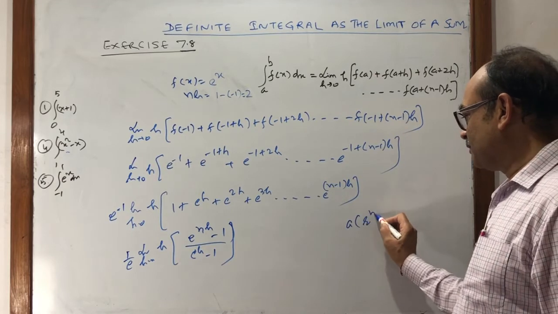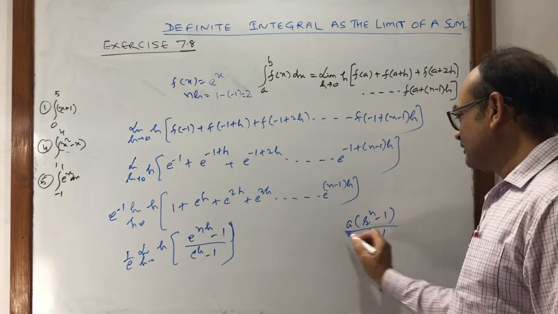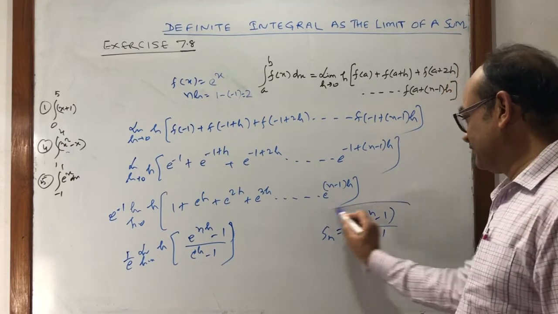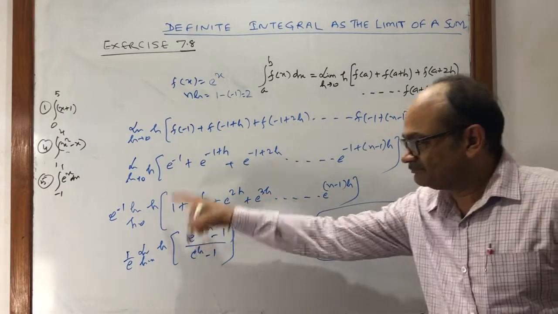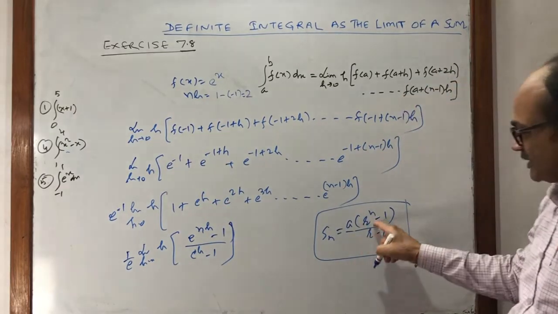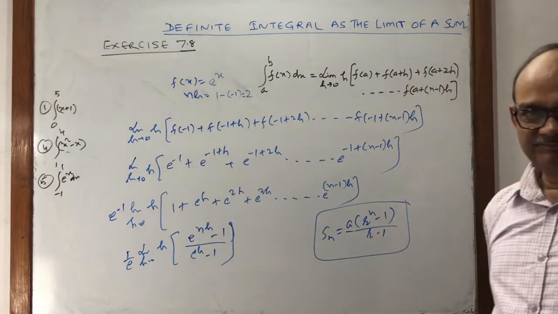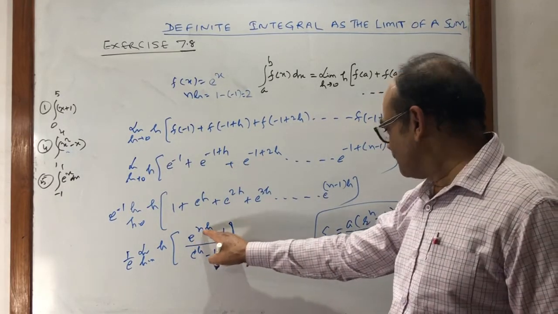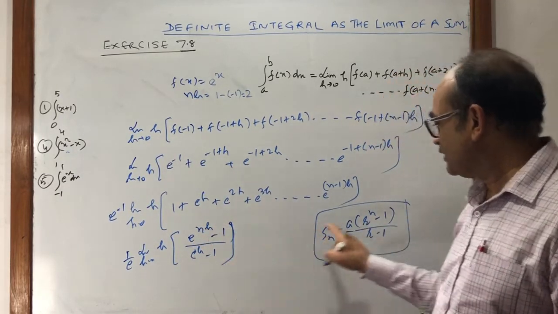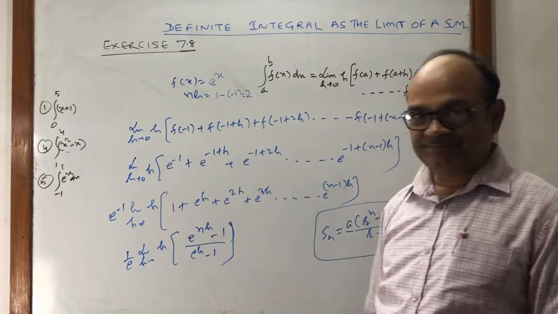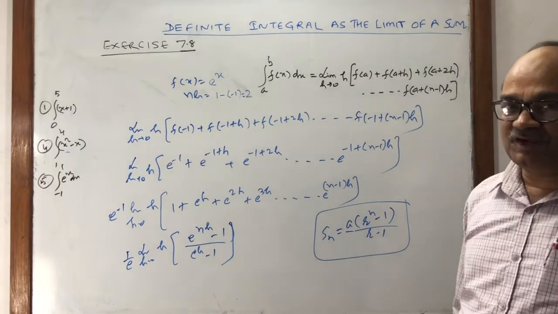Once again, you know the formula. a(r to power n minus 1) divided by r minus 1 is the formula of GP. So what is a here? a is 1. And what is r here? e to power h. So we can write easily r to power n minus 1 over r minus 1, and a is 1. Now again, 11th class formula of the limit.